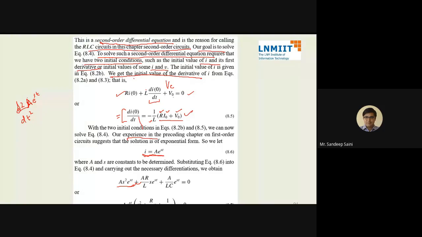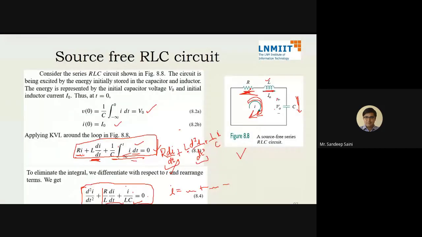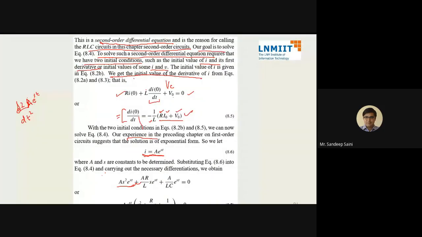Next, my next term was R by L di by dt. That means R by L and d by dt of A into e raised to power st. So that will be A into R by L s e raised to power st. Is this okay?